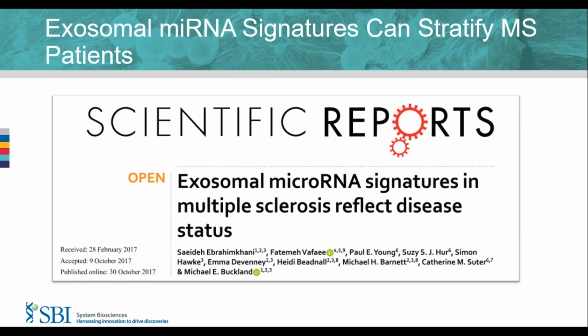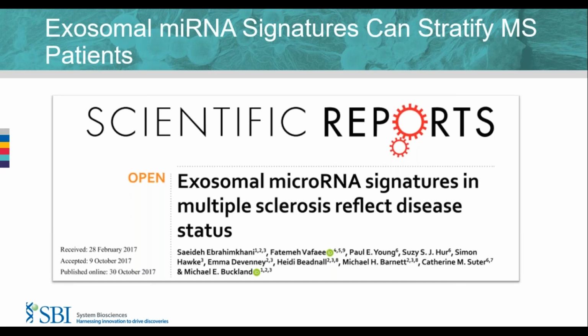The clinical phenotypes of MS include relapsing-remitting MS and progressive forms like secondary progressive and primary progressive, with RRMS the most prevalent, comprising over 70% of the cases.